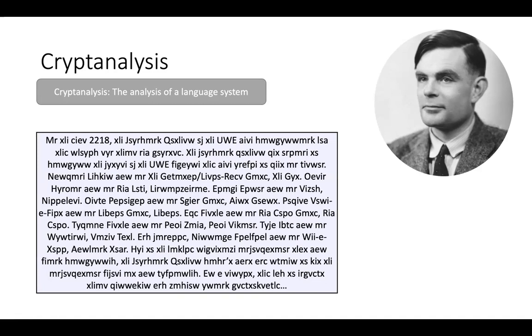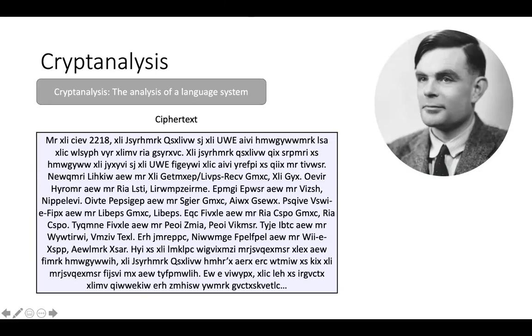Here is a very easy cipher that we could try to break. So this is our ciphertext. And given that we're only considering 26 letters, we are not considering uppercase and lowercase as different, and given that the plain text was in English, how could we actually solve this and convert this to the plain text?